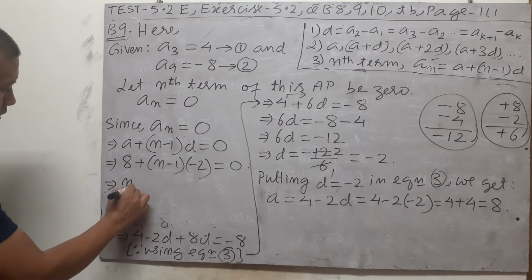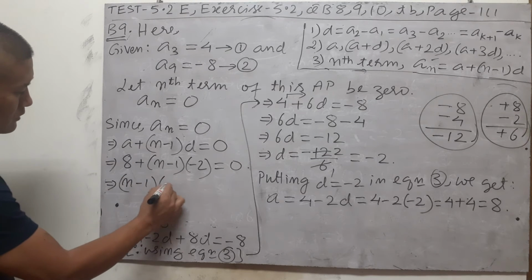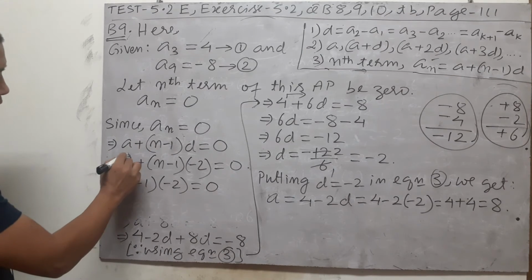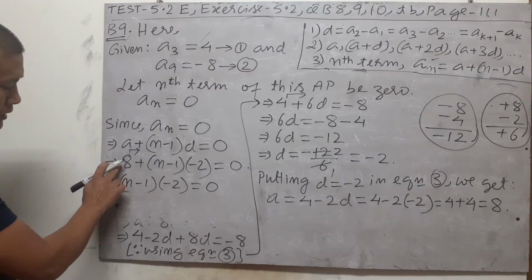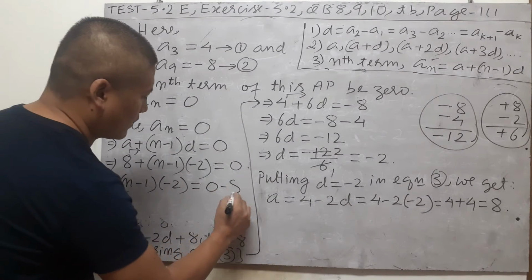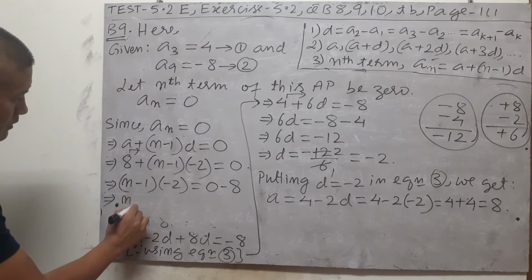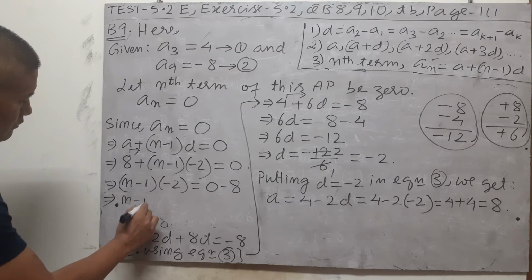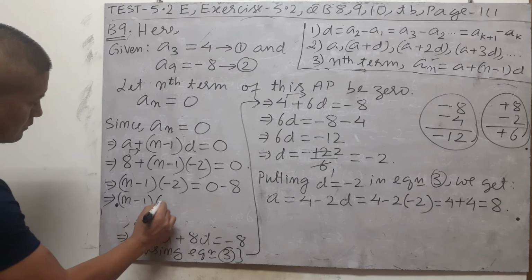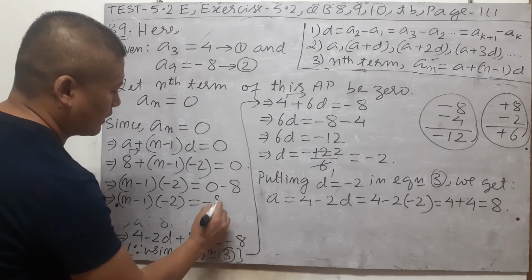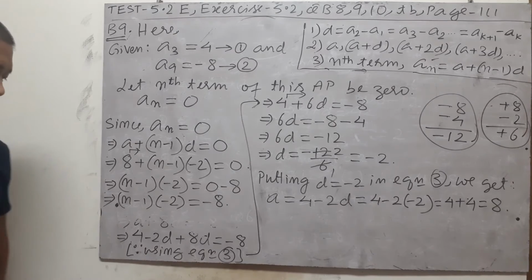So let us write here n minus 1 into minus 2, just keep it untouched, equal to 0, and shift this 8 to the right side, and plus 8 becomes minus 8. So that gives you n minus 1 into minus 2 equal to 0 minus 8, which is minus 8. 0 will not affect the minus 8.